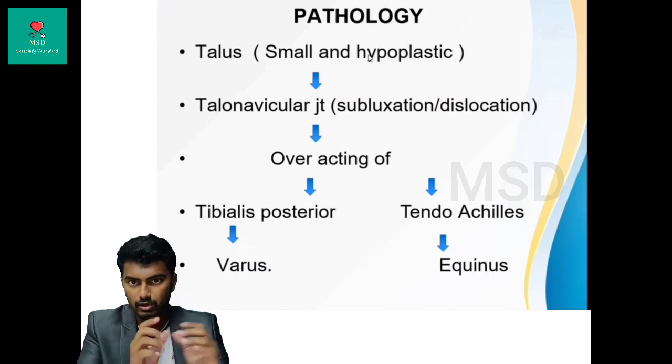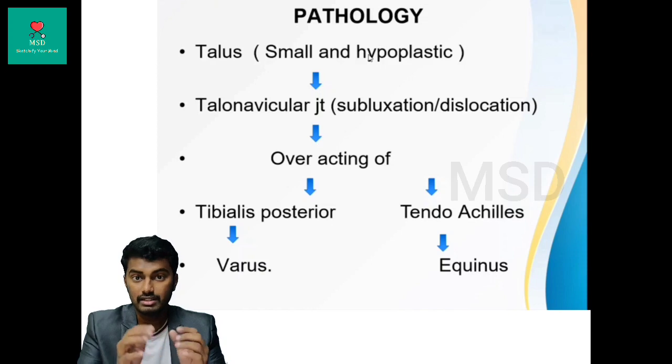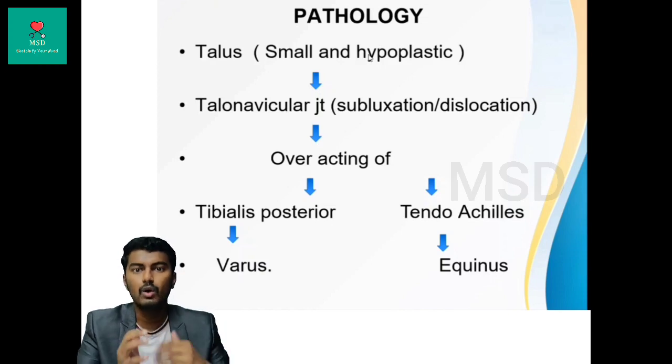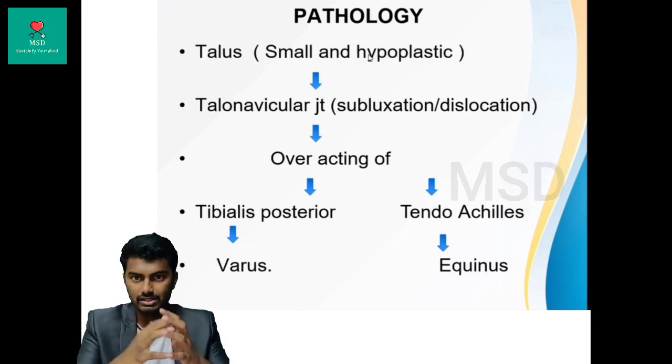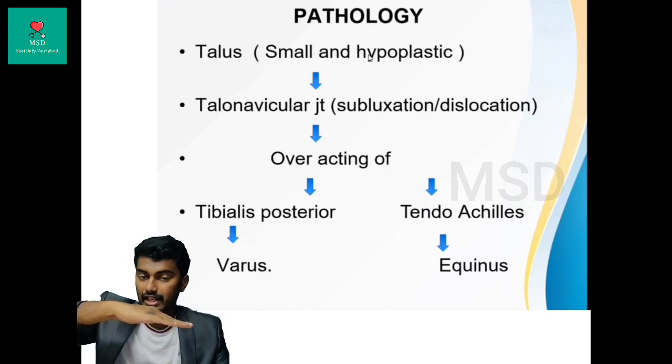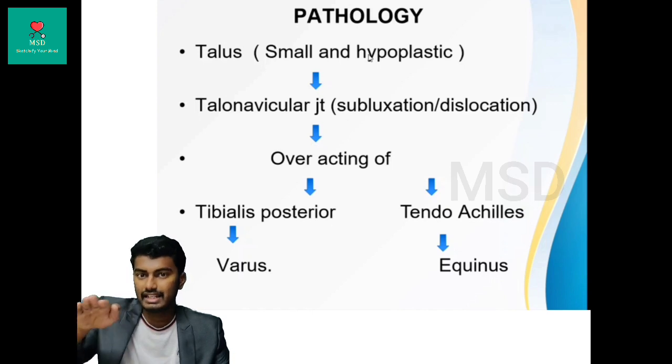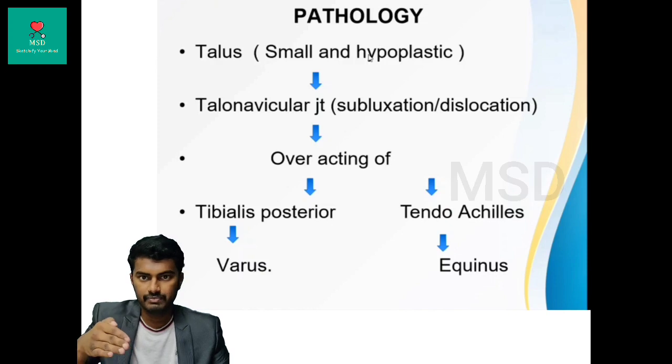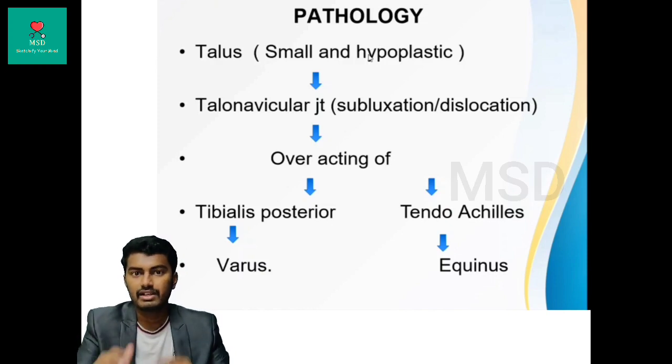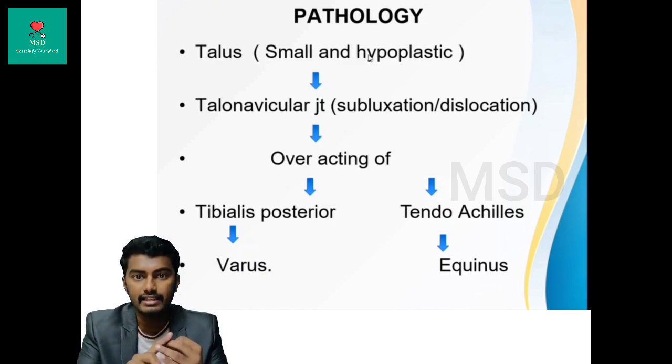Due to the displacement of the talonavicular joint, the associated muscles overact. For example, the tendo Achilles, if overacting, will cause a plantar deformity, that is the equinus deformity, while the tibialis posterior, when overacting, will cause the varus deformity. That's why it is referred to as CTEV, congenital talipes equinovarus.